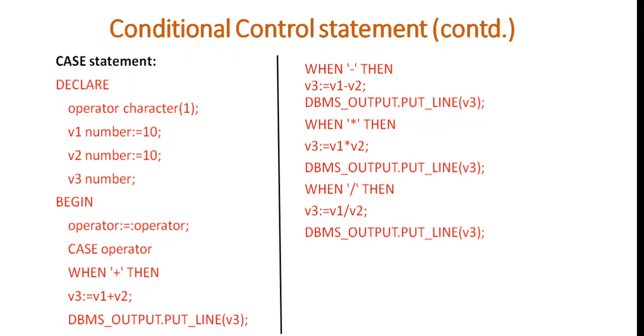Here we don't need to use a break statement, as we do with switch case. Here you just need to write the case keyword, and after that case keyword write the variable name that you want to compare with the cases. And each case is specified by using the keyword when. So this is how we can perform mathematical operations by using case statement.